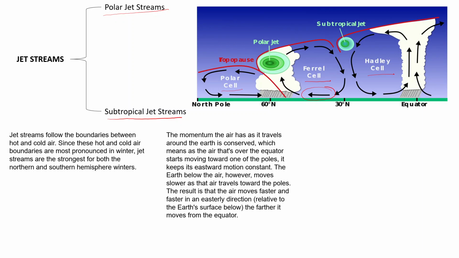So an interesting fact over here is that at 30-degree north latitudes, the Hadley cell and Ferrel cell meet, while at 60-degree north and south latitude, the Ferrel cell and polar cells meet.